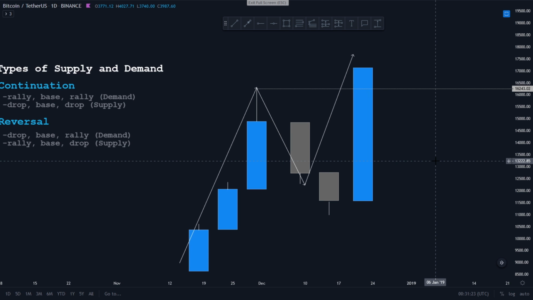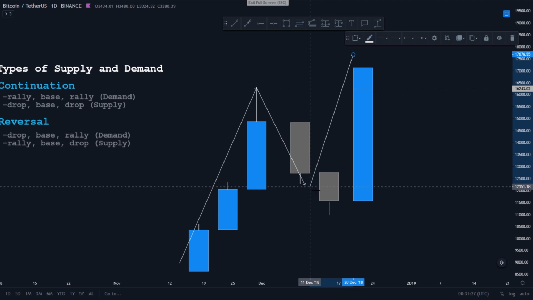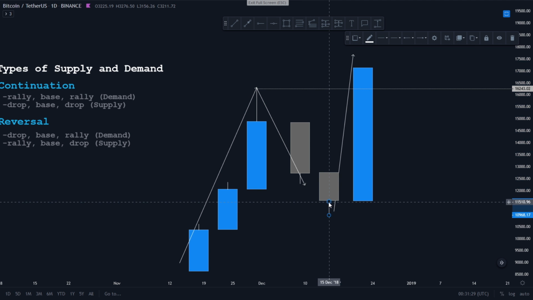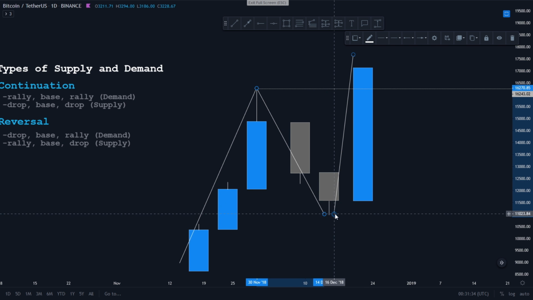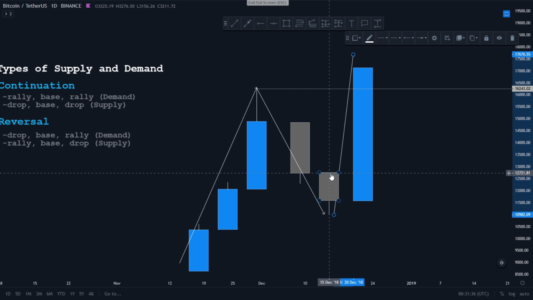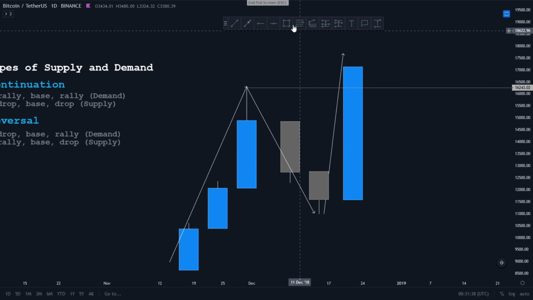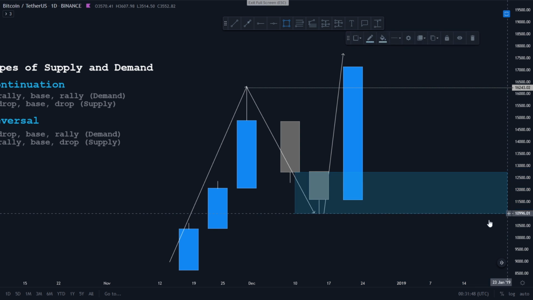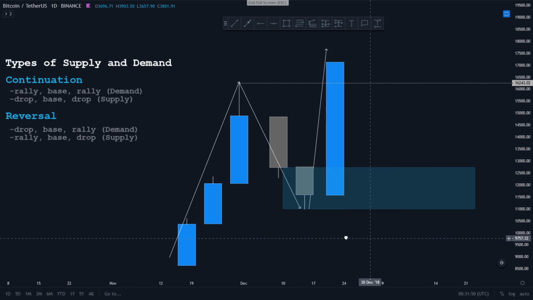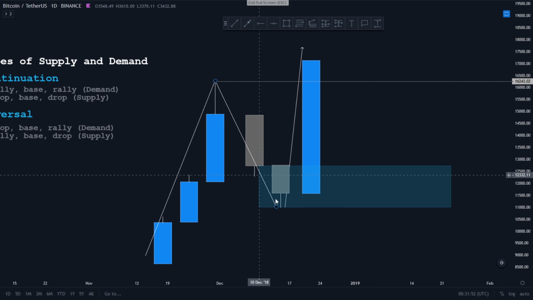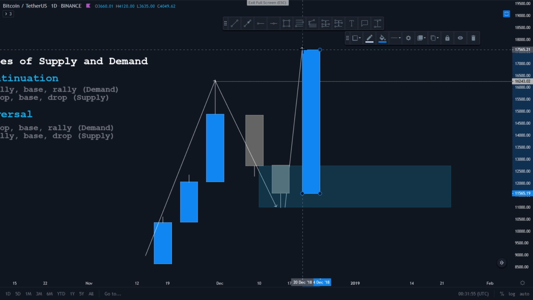You could also have a formation like this, two bearish candles, and it's basically the same, but you draw the demand zone from the last down candle, which is this one in this case, and again you take the low wick. So this will be the demand zone. Rally, base, rally, higher high.